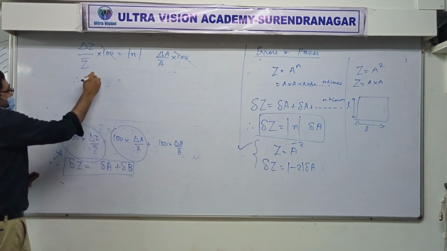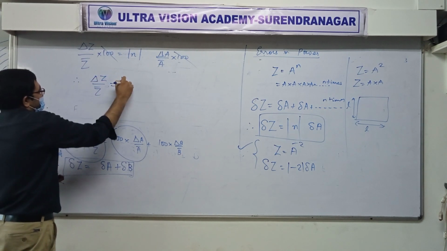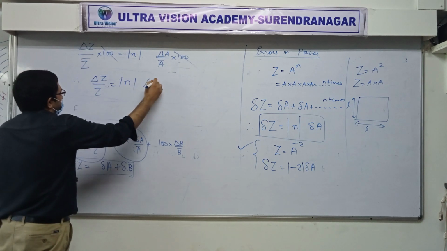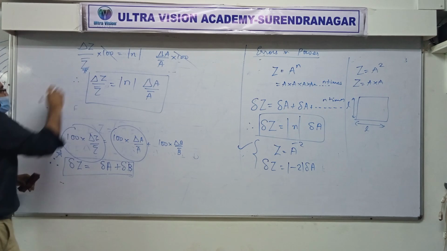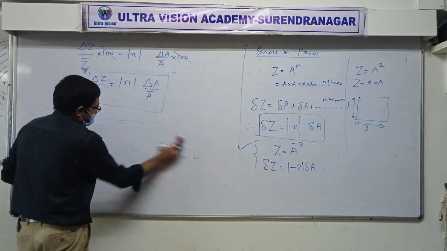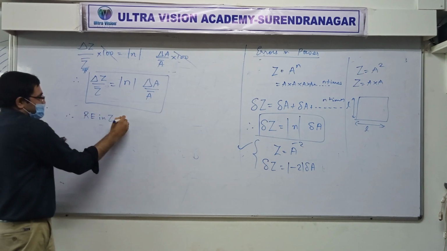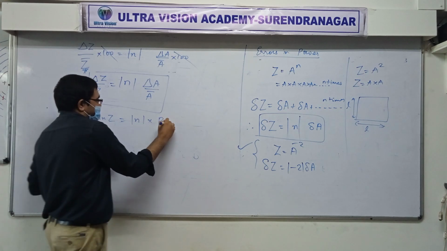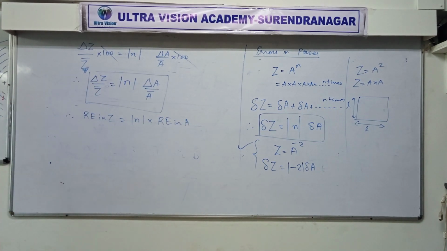So this can also be written as delta z by z bar equal to modulus n times delta a by a bar. So this is in the form of relative error. You can write relative error in z is equal to modulus n multiplied by relative error in a. Right? Relative error in z is n times relative error in a.